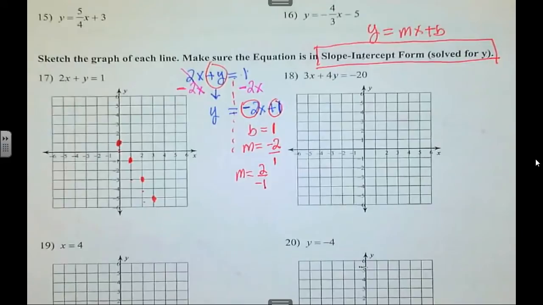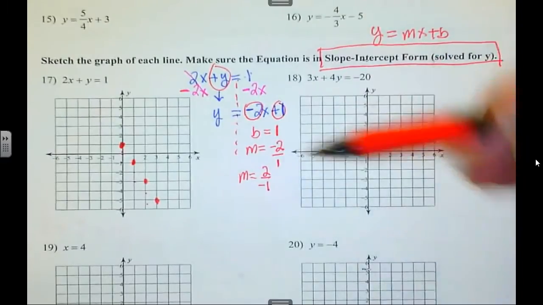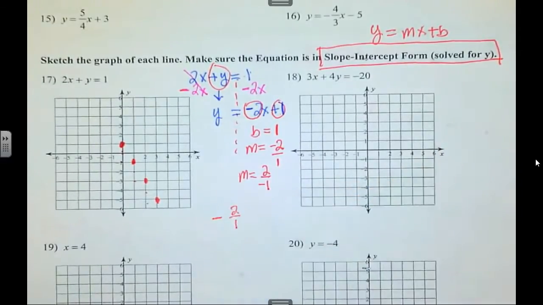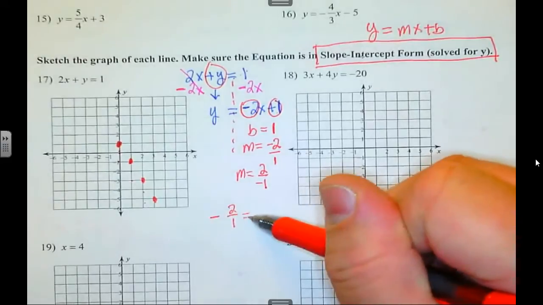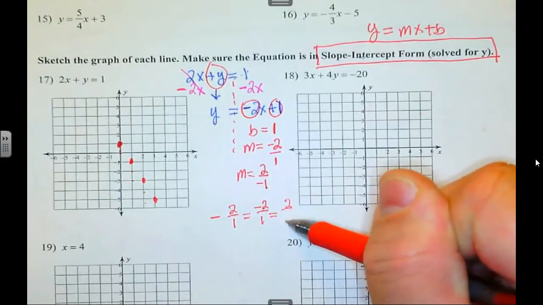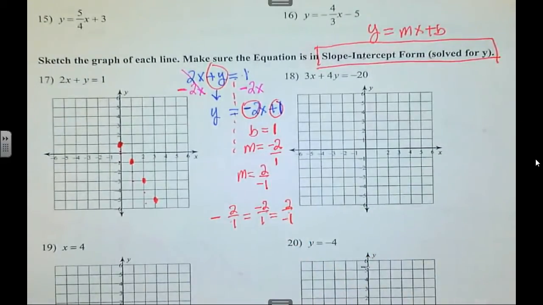Hey, I think I know what you're asking me. Let me talk a little bit about this. When I have a negative fraction, and this is negative 2 over 1, that's a fraction. That negative sign can go with the 2, or that negative sign can go with the 1. These are all equivalent fractions.